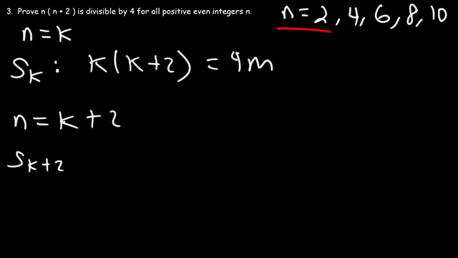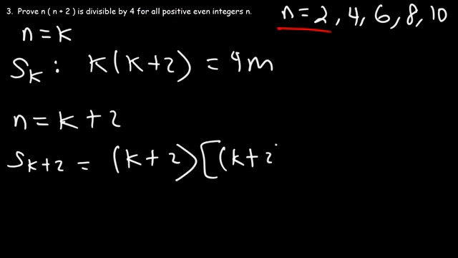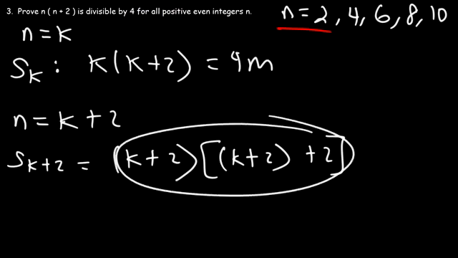So replacing n with k plus 2, we're going to have k plus 2, and then we're going to replace this n with k plus 2 again. And so we'll get this expression. Our goal is to show that this is equal to 4 times some integer L.